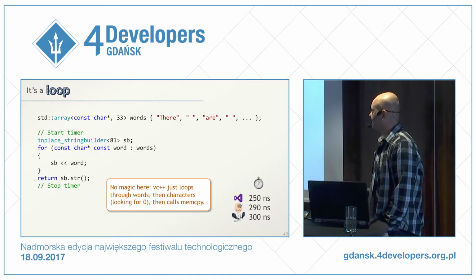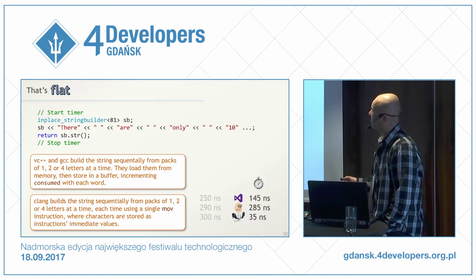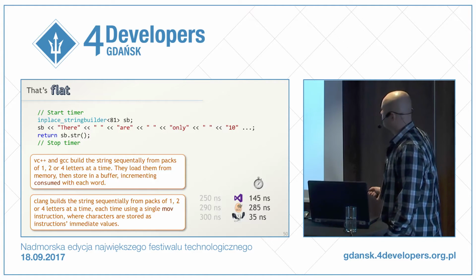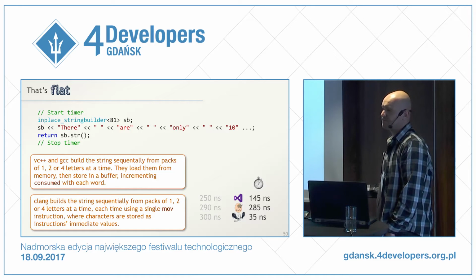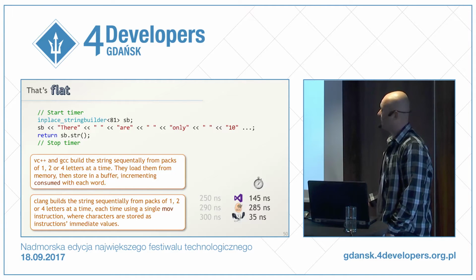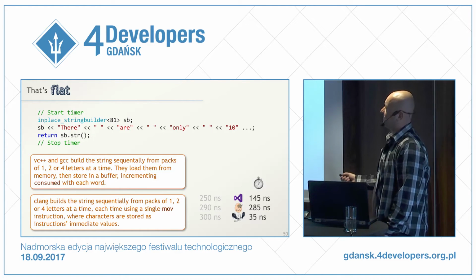No magic here. How about the flat model with string literals? The times are slightly better. But Clang, he knows it all, right? Visual Studio and GCC do the trick.